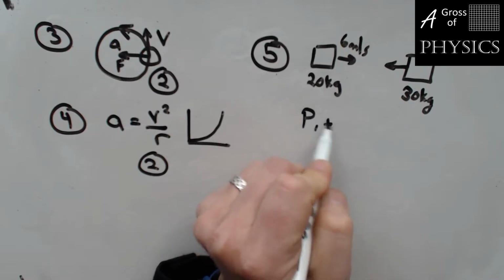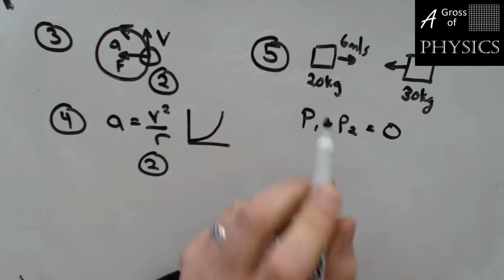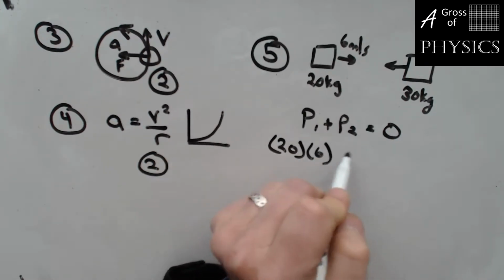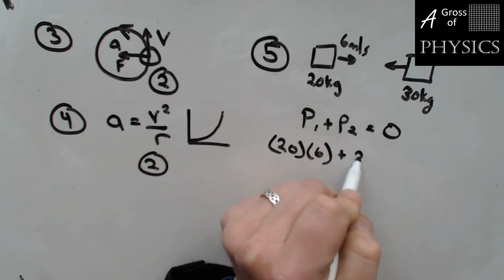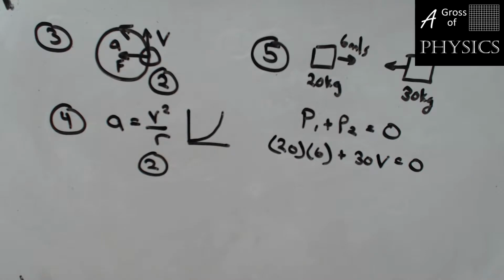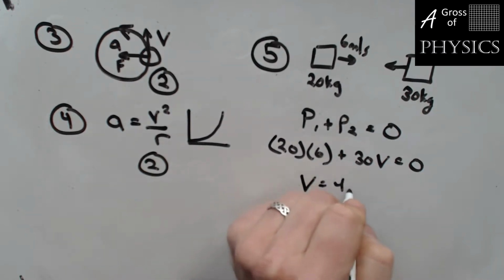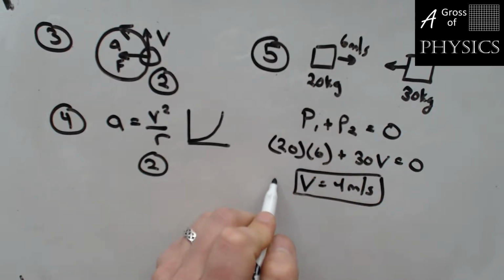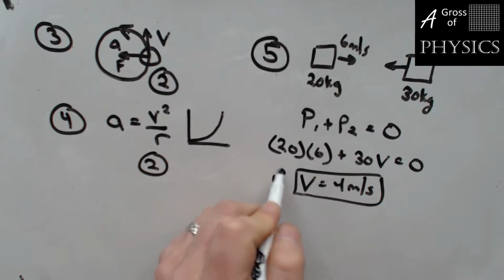So momentum 1 plus momentum 2 equals 0 because they stop. 20 times 6 plus 30 times V equals 0. So 20 times 6 is 120 divided by 30. V is 4 meters per second. And of course, it was going to the west, so it would be negative, but we're looking at speed. So choice 4.